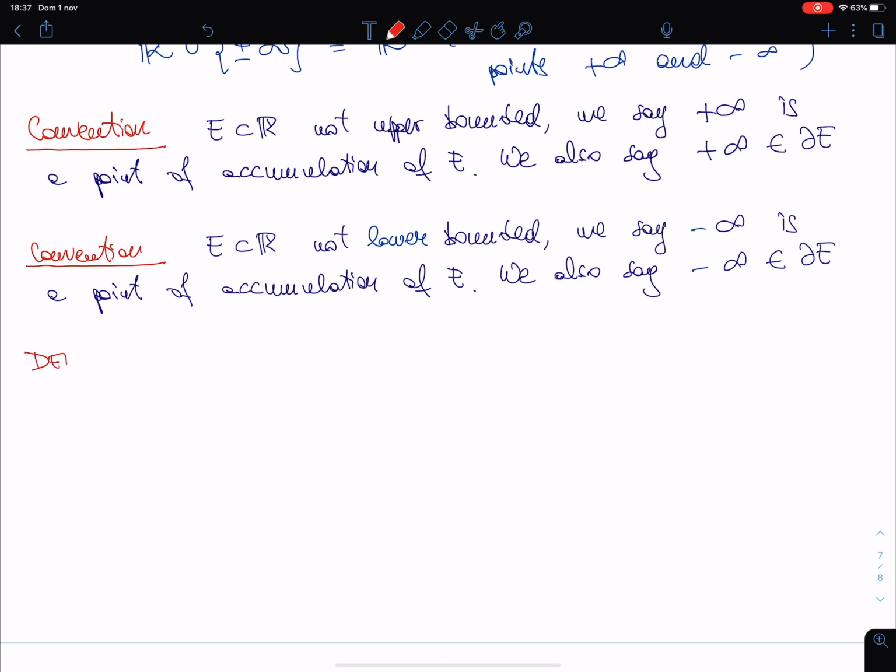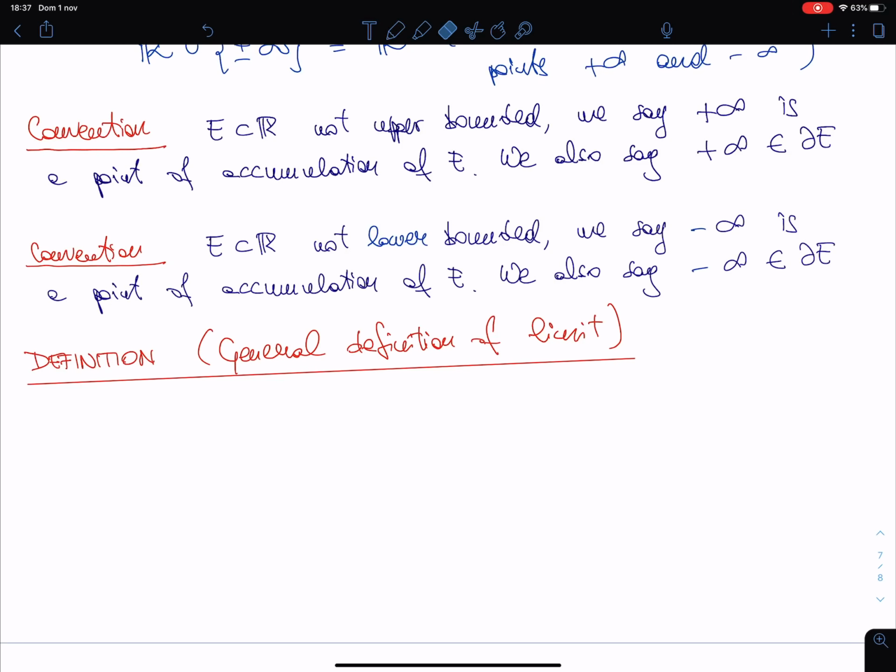So we say the definition, this is the general definition of limit. Limit of a real function of a real variable. We start from E a subset of R, and x bar a point of accumulation in E. In this case, I can also include plus or minus infinity.